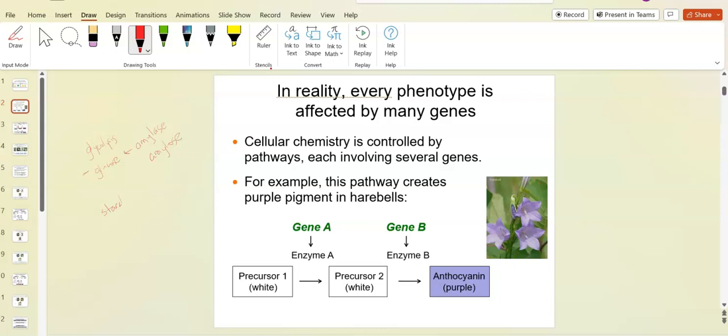The amylose, same thing, into maltose. So amylase will bind to and cause a dehydration reaction for amylose, and we end up with two hexose sugars linked together, and this is called maltose.